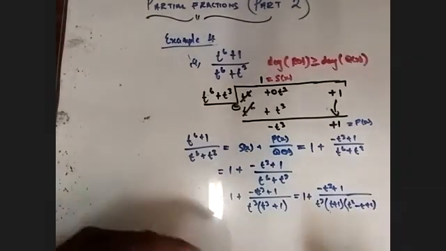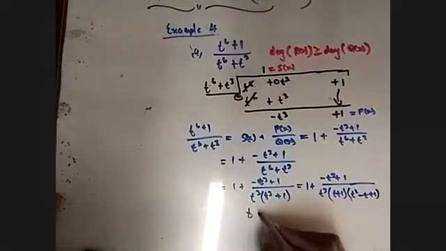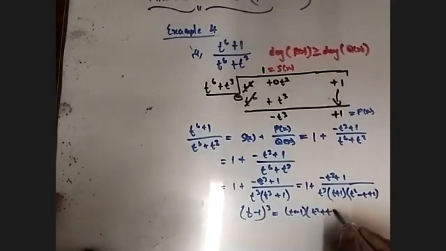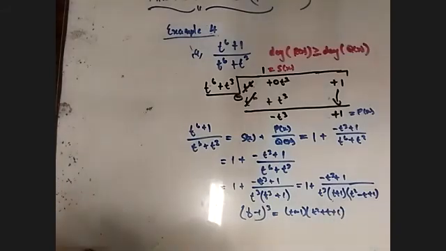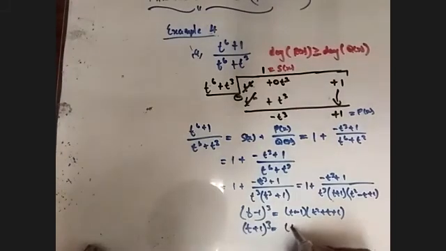And if this was t minus 1 cubed, we're going to have t minus 1 and then t squared plus t plus 1. It always goes like that. If this one is t plus 1 cubed, then we're going to have t plus 1, and then t squared minus t plus 1.